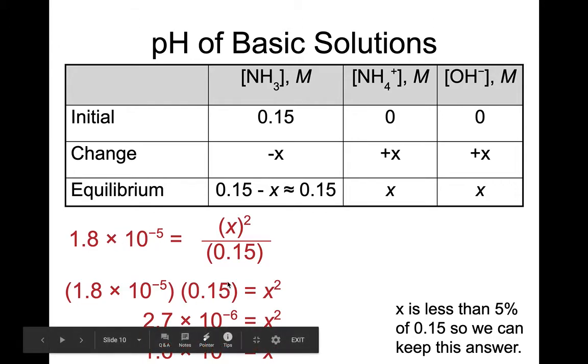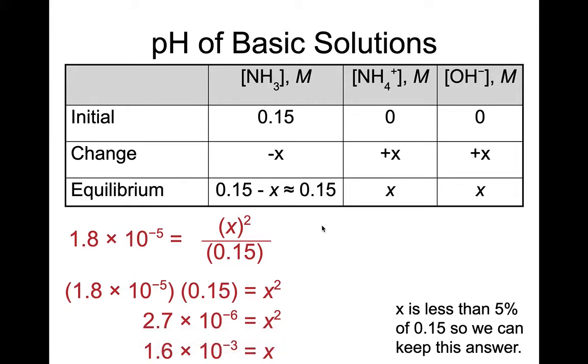And then we can solve this for x with just a little bit of algebra. Remember, when we finish these problems now, we do need to go back and make sure that our assumption was valid. And in this case, the x that we calculated is indeed less than 5% of 0.15, so we can keep this answer. Quadratic equation avoided.